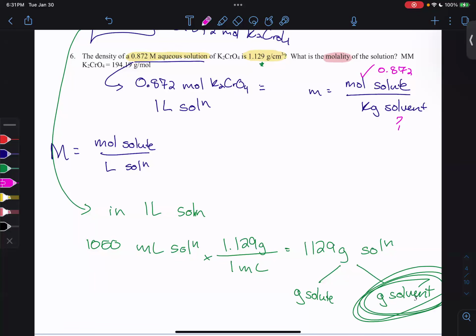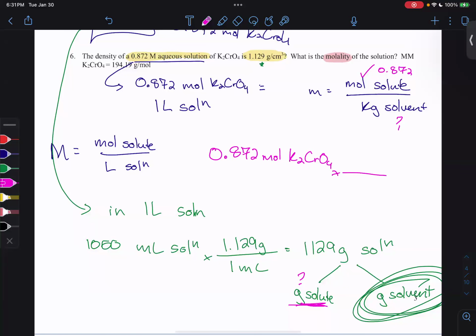So if we figure out how much solute I have present, I can do a subtraction and just figure out how much of it's left for the solvent. How on earth will we get the mass of solute present in this solution? What do we think? I gave you a mole amount. You know how many moles are there. Yeah, so the gram amount of solute comes from the 0.872 moles of potassium chromate that are present in this sample.